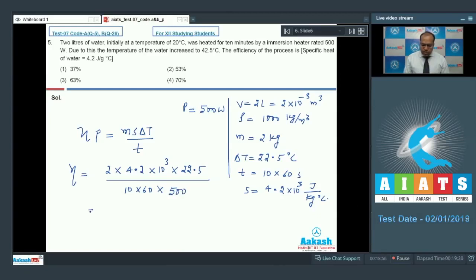If I solve this, it comes out to be 0.63. So in terms of percentage, the efficiency will be 63%. So option 3 is the correct answer. Let's move to question number 6.